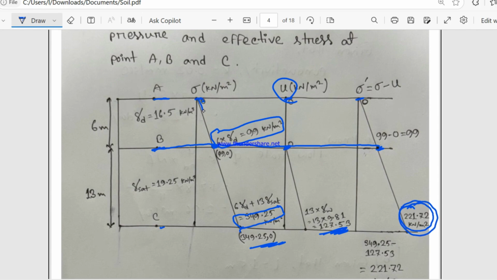Then just draw the line. This is 0 at point B for pore water pressure. Then the pore water pressure at C is 127.53, and the effective stress at point A is 0. Then at point B this is 99, and at point C this is 221.72 kilonewton per meter square.